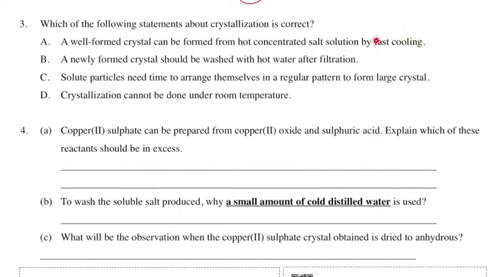If we cool too quickly, or if we just put it into the ice bath, then it will cool down too quickly, and not just the target salt is going to form the crystal, but it is also going to combine with other impurities to form the crystal. So it would not be able to form the pure crystals from this process. So let's put a cross for that one.